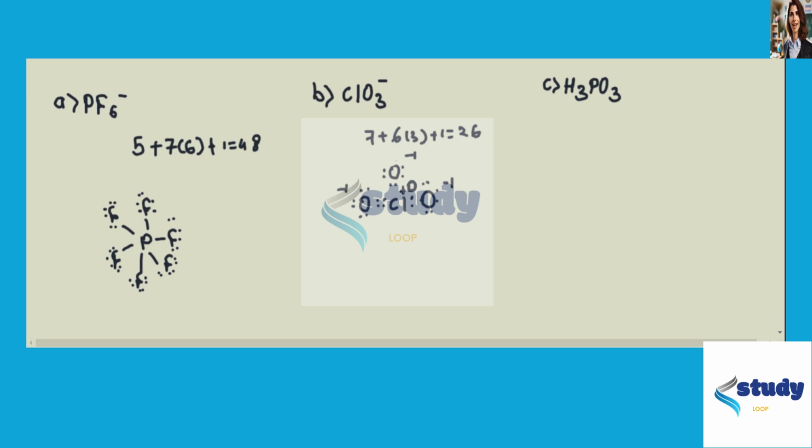That makes sense because the total charge here is -1. One last thing: since it is an ion, we need to put brackets around it to show that it has a negative charge.